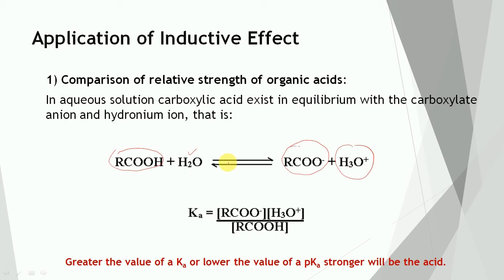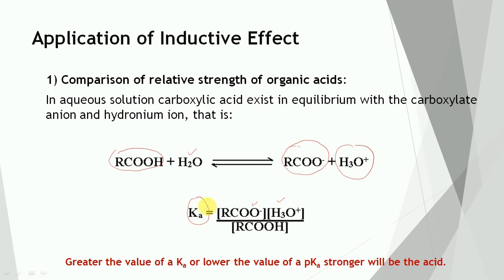The strength of the acid is generally expressed in terms of the equilibrium constant, which is denoted by Ka, and it is also called the acidity constant. It is equal to the concentration of the acetate ion and hydronium ion upon the concentration of the acid.